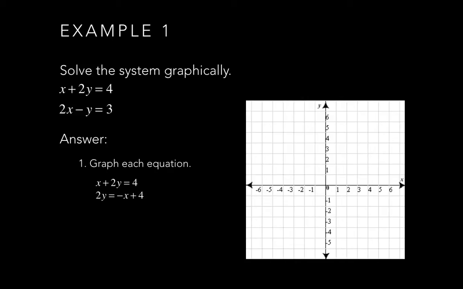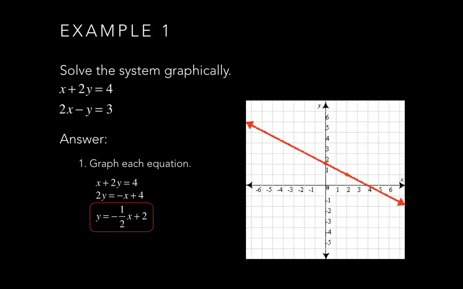So we'll subtract the x from each side and then divide each term by 2, which gives us y equals negative 1/2 x plus 2. We'll begin by plotting our y-intercept at 2 and then plotting another point down 1 over 2. And our line goes through those 2 points.